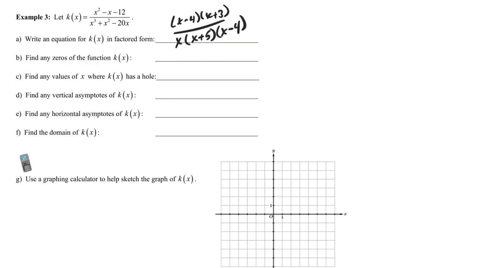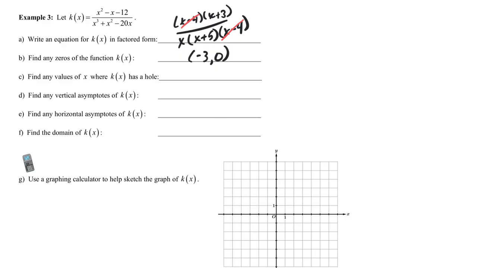Okay, so do I have any zeros of the function? That means, where does my numerator equal 0? Well, to be honest, before I do that, I'm going to cross things out, because I don't have a 0 at 4, but I do have a 0 at -3. So I have -3, comma 0, because that would make a 0.